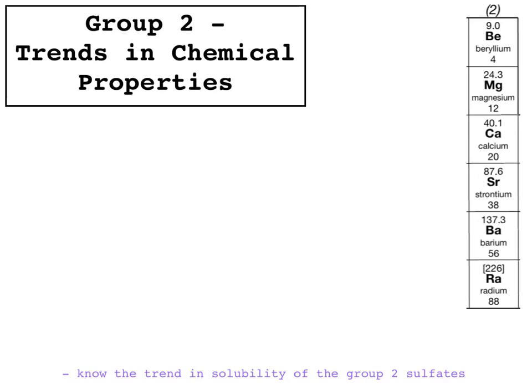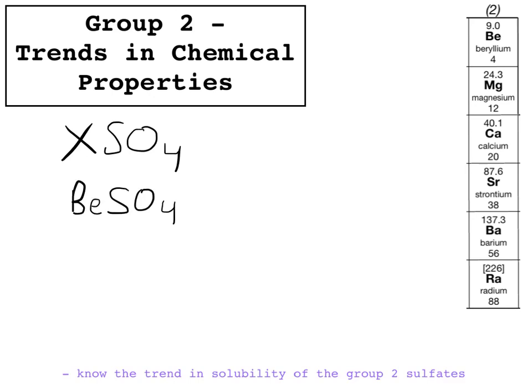So group 2 sulfates have the formula XSO4. That's because the sulfate ion, SO4, has a 2- charge, and the group 2 metals would form ions with a 2+ charge. And so you only need one of the sulfate ions to counteract the 2+ charge on the metal ion. So this time we will have BeSO4 for beryllium sulfate, MgSO4 for magnesium sulfate, CaSO4, and so on.